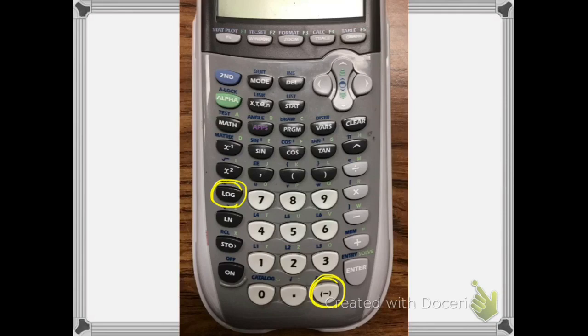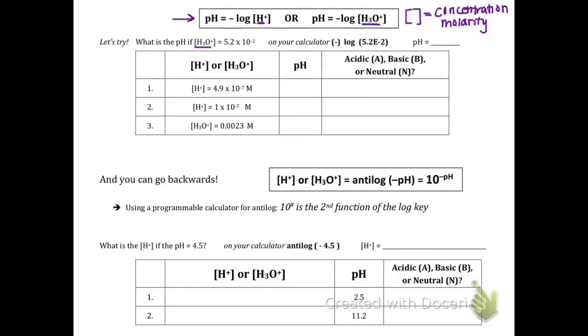So you're going to press negative log, and you're going to type in 5.2. Remember to use the E button right here, the second E button, to the negative 2. So this is what it looks like on your calculator. You're going to put the negative, the log, 5.2 E negative 2.